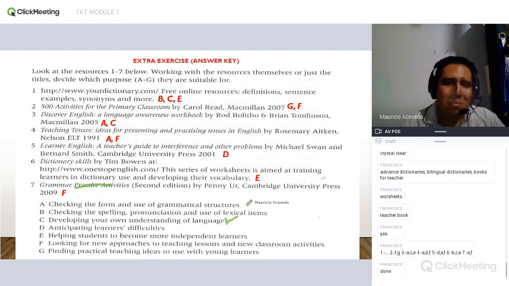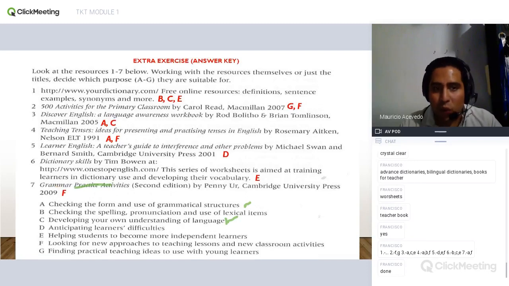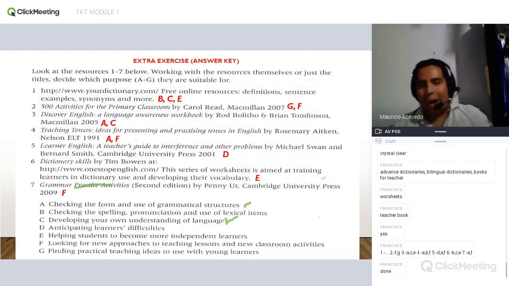Maybe also A. I agree with you more with A, but in this case, as it is more for teachers, that's why we don't have to really check grammar and the structure. I don't know, but you are right. I think in number six and number seven, I agree with you, Francisco. I don't agree that much with Cambridge, but I do agree with you.